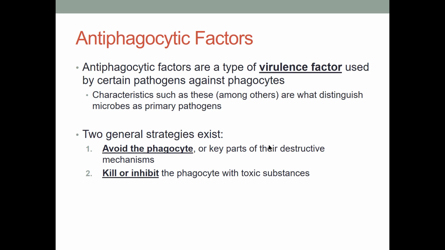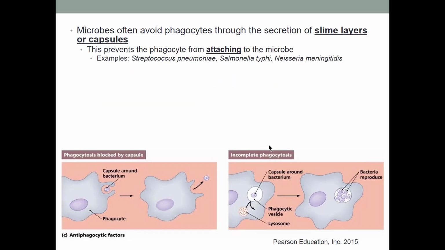So a couple of examples here on this slide. When you look at how to get away from a microbe, you can put up a barrier. Okay, running away is maybe a bad way to think about that. When you look at avoiding, you can essentially put up a layer around yourself as the microbe to keep that phagocyte from getting to you. Where bacteria often thrive in this is secreting slime layers or producing capsules, and these are both a type of extracellular secretion.